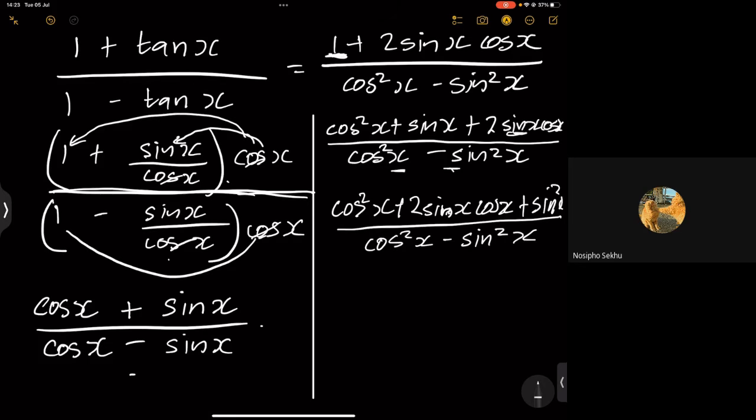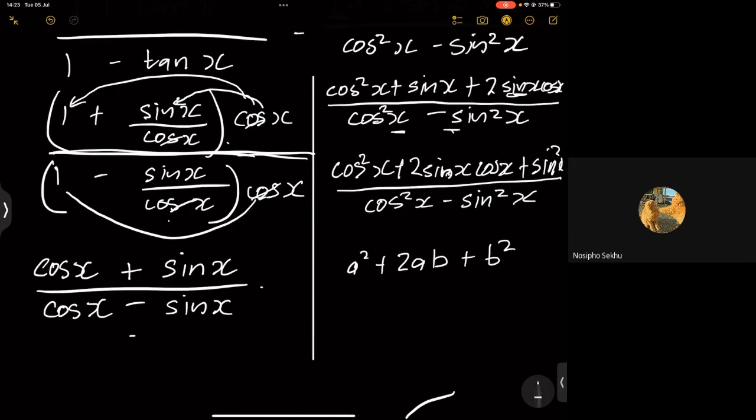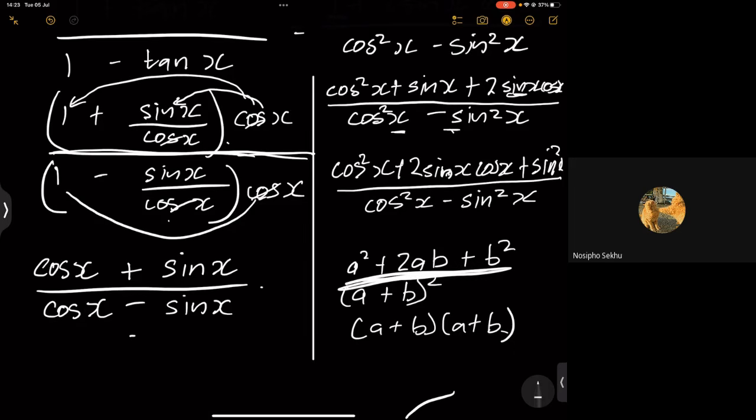You're probably wondering to yourself, what on earth is this old man doing? Now I want you to please note, if I have a squared plus 2ab plus b squared, is it possible to factorize this? Absolutely. And what does it become? It becomes a plus b all squared. Or you can just simply say a plus b, a plus b. When you expand this, you get that.